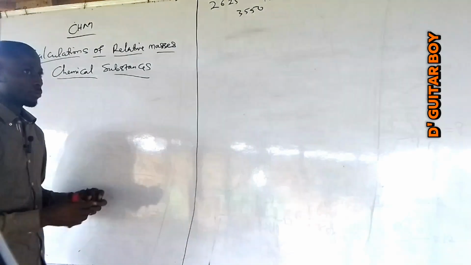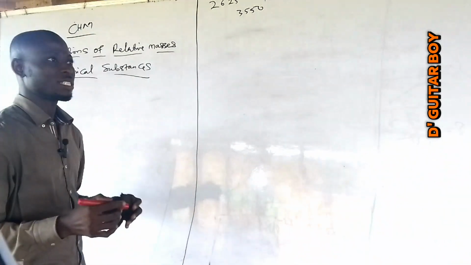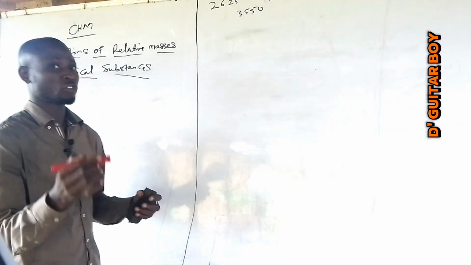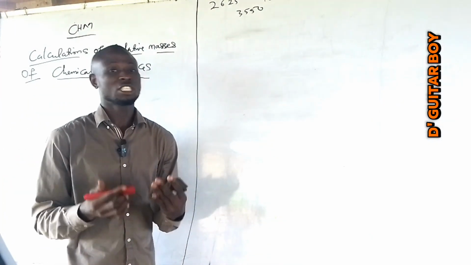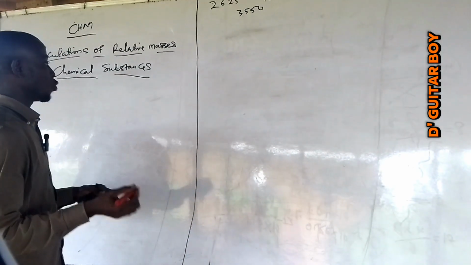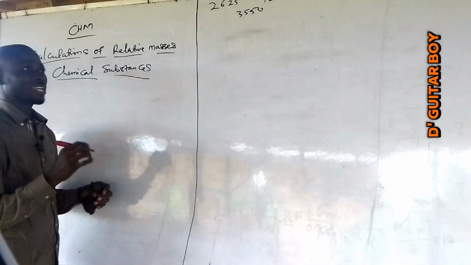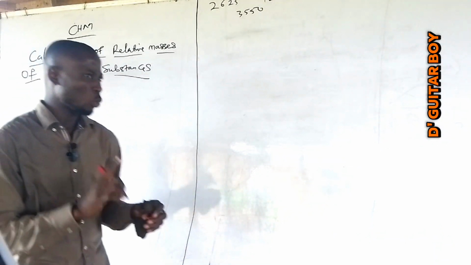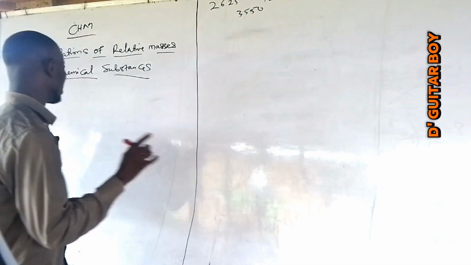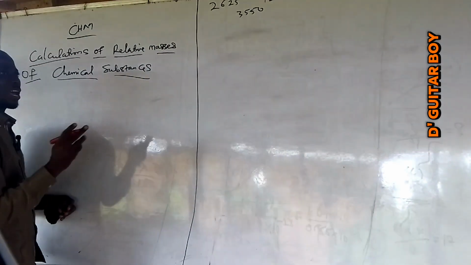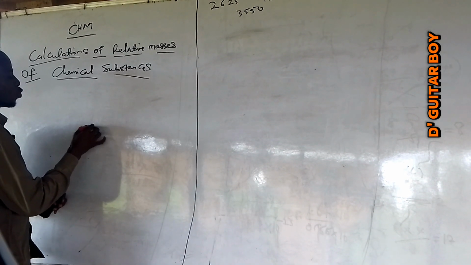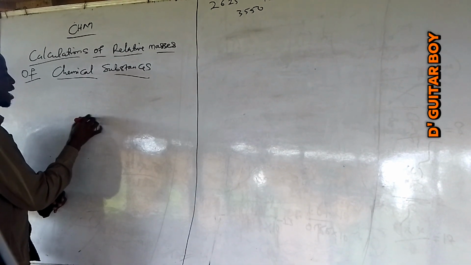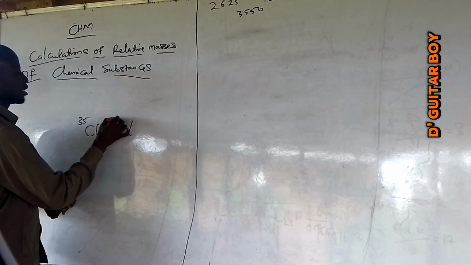An example of a substance that possesses this isotopy is chlorine. Chlorine has two types, but mind you, you still hear the name chlorine. Why? I will tell you. Chlorine has two isotopes, which are chlorine 35 and chlorine 37.